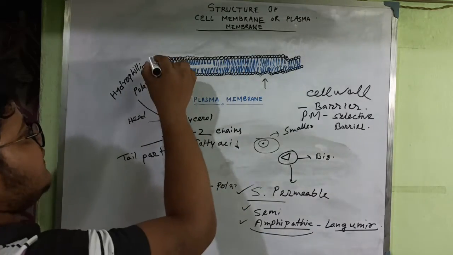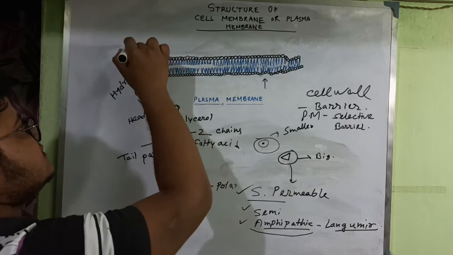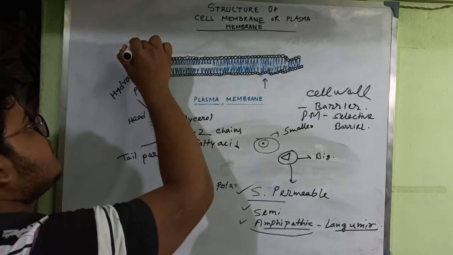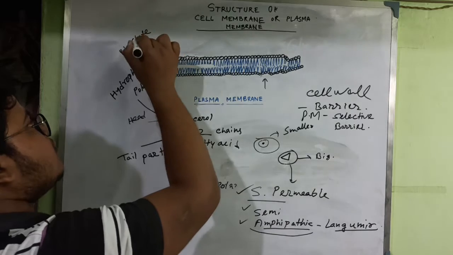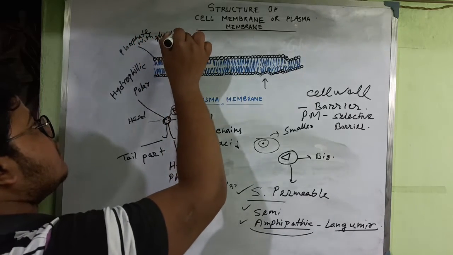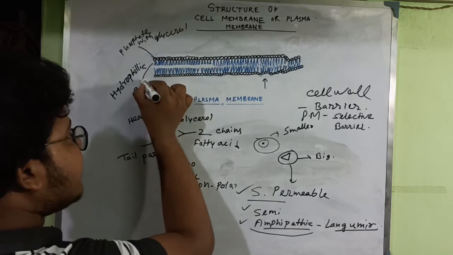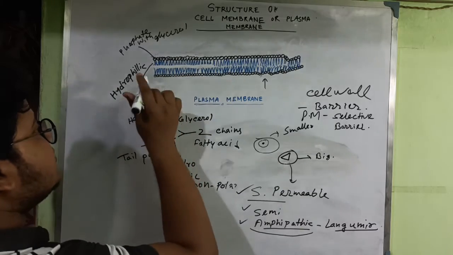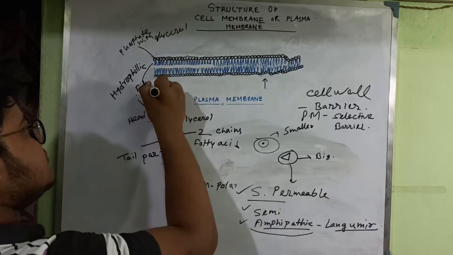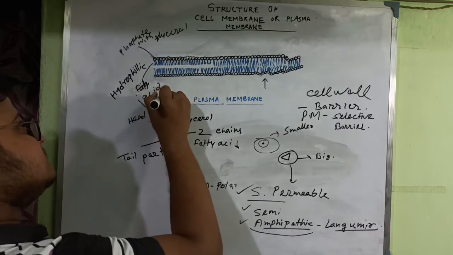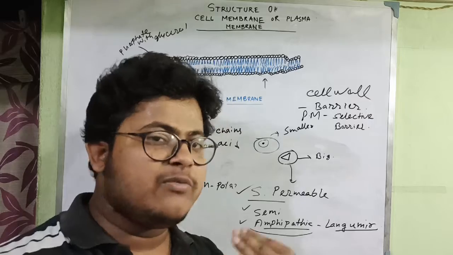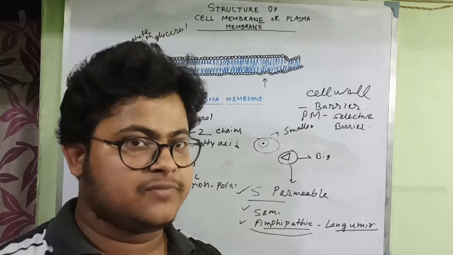The phospholipid layer is phosphate with glycerol, and this tail is fatty acid chains. Water or a water-soluble molecule cannot pass through it.